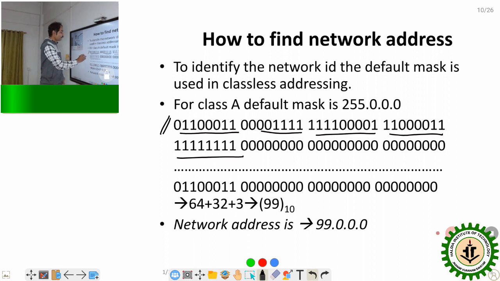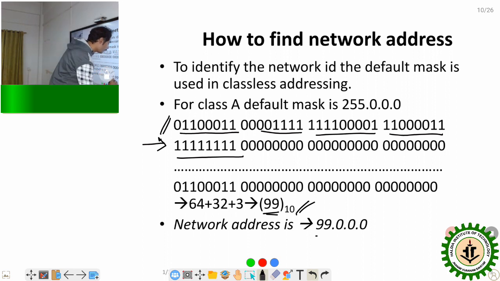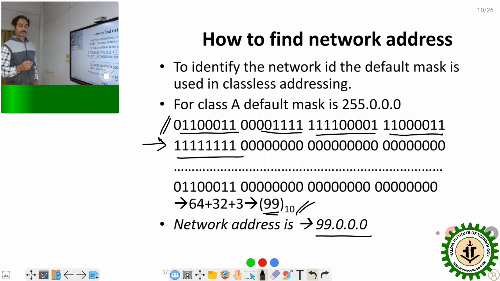That's why we'll choose the class A default mask. Performing the bitwise AND operation, we get 99, because if we convert this binary to its equivalent decimal, we get 99. So the network address will be 99.0.0.0.